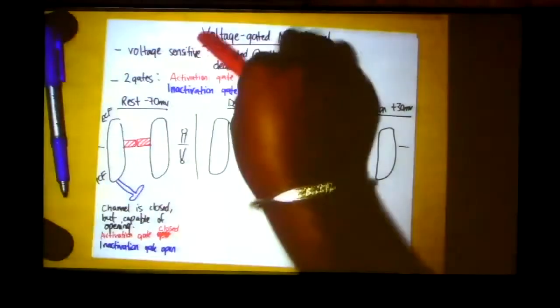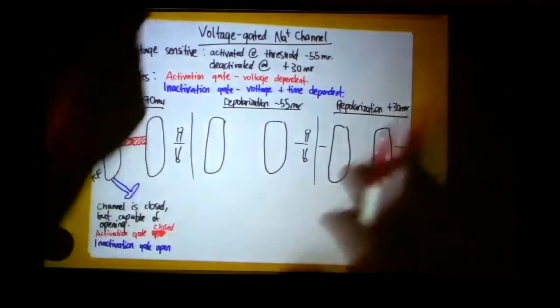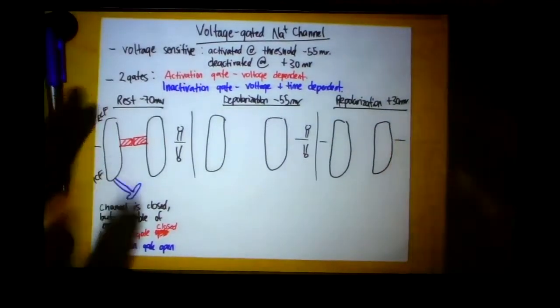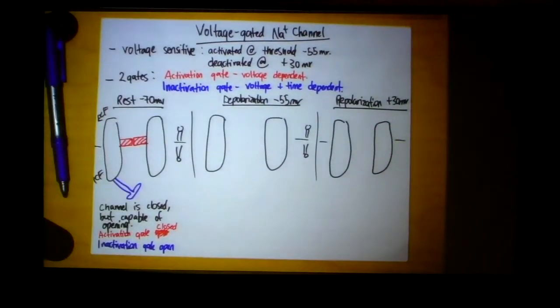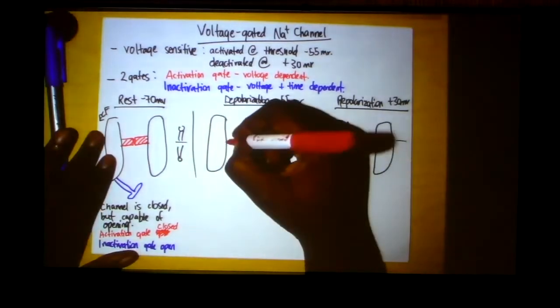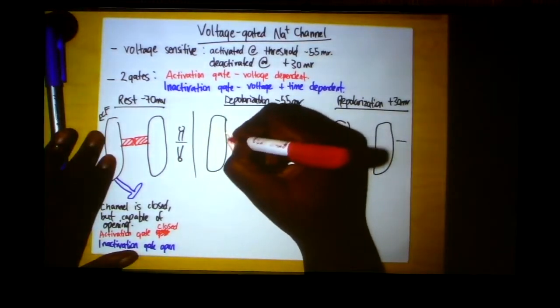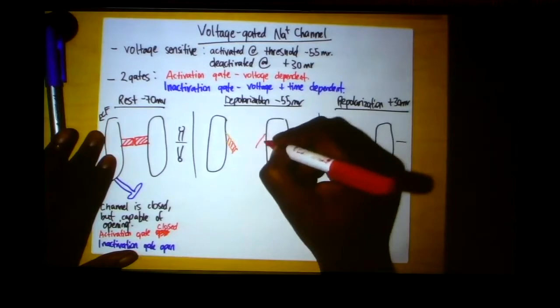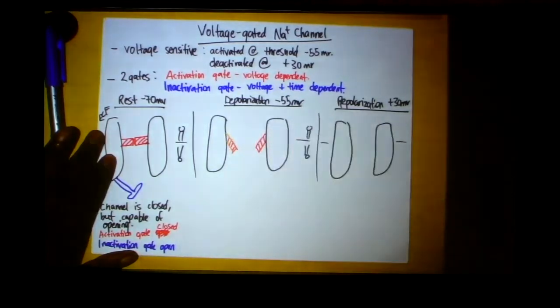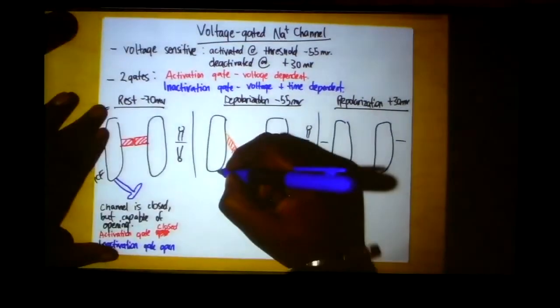Okay? Now, we have a series of graded potentials such that we exceed our negative 55 and we reach threshold. Now we're gonna fire an action potential. So this membrane becomes depolarized, and so we have opening up of those voltage-gated sodium channels, right? And by that we mean that the activation gates are now opened, as well as the inactivation gates.